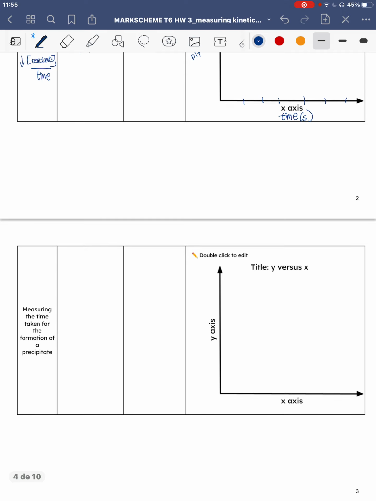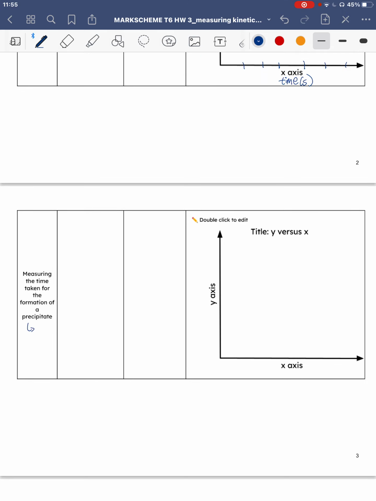This last measurement, this is a little bit different. Remember, precipitate is a solid product. This again, you're measuring the decrease in reactants over time. And you get the time for an X to disappear.